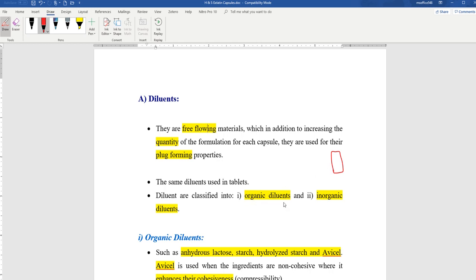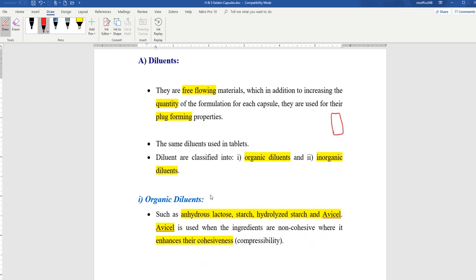Diluents can be classified into organic diluents and inorganic diluents. So we need to know what the examples of each category of diluents are. Organic diluents include anhydrous lactose, starch, hydrolyzed starch, and Avicel. Now this is different.